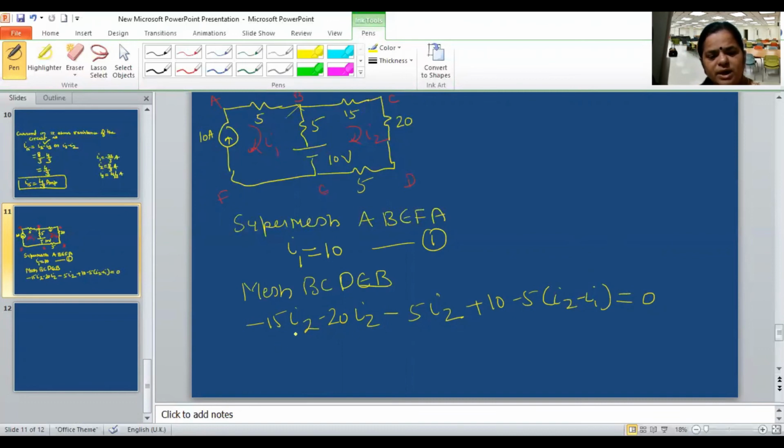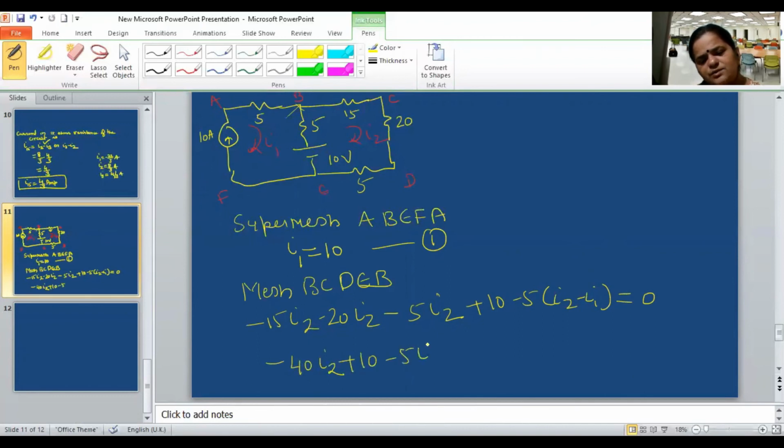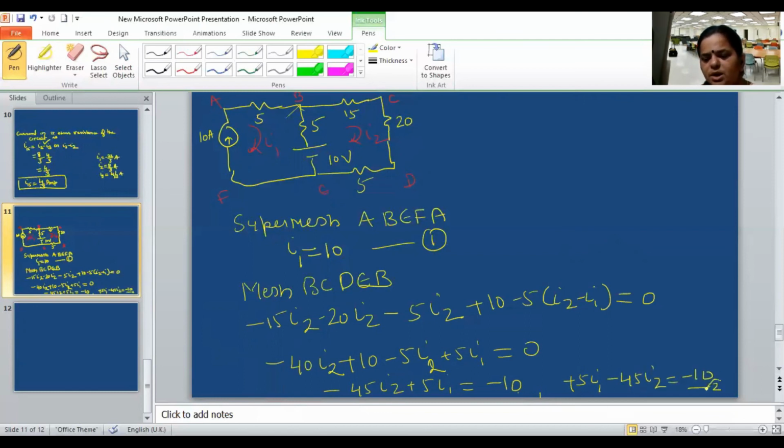If I solve it, it will be minus 40 I2, plus 10, minus 5 I2, plus 5 I1. So it will be 5 I1 minus 45 I2 is equal to minus 10. So this is your equation number 2.